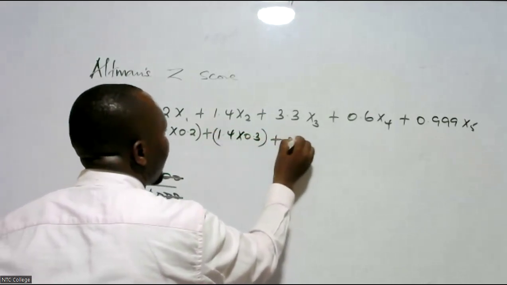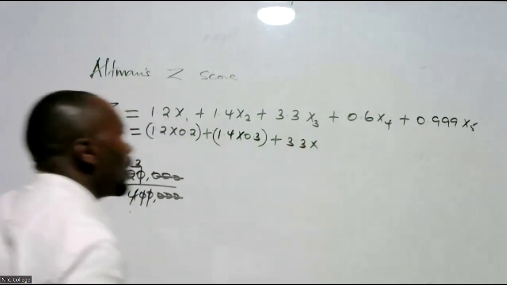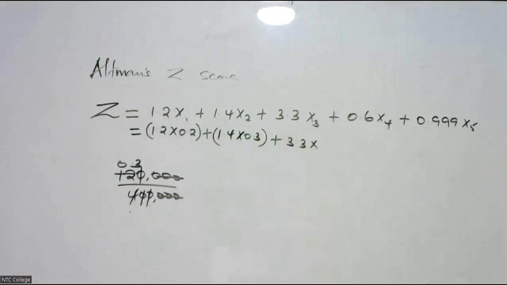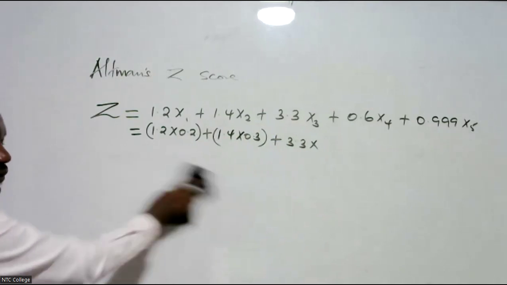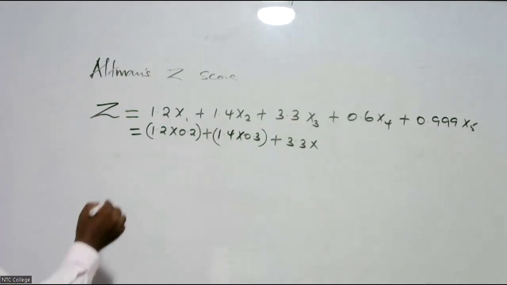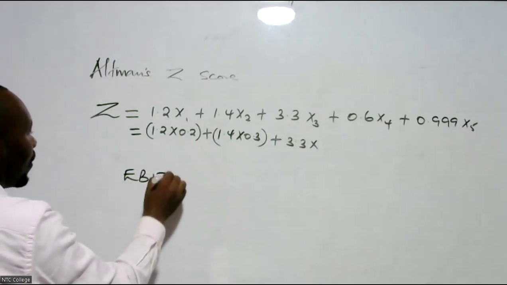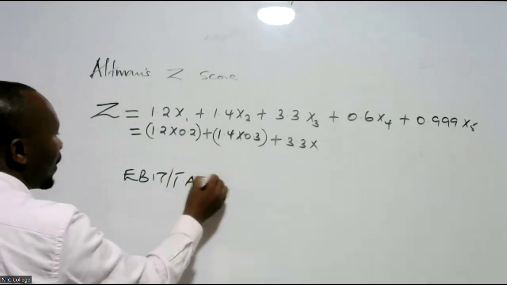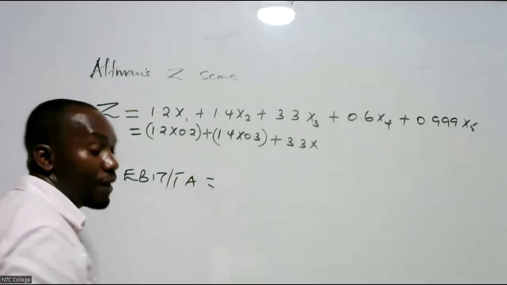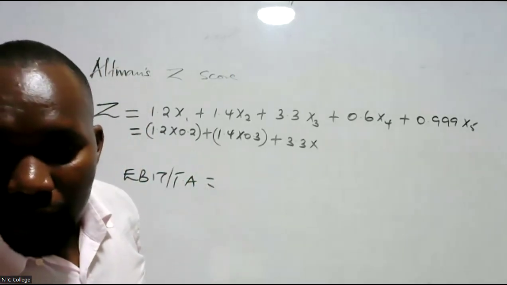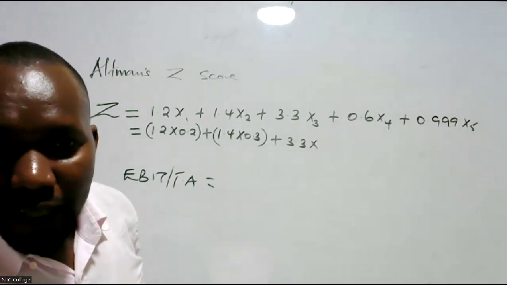Then we have 3.3 times EBIT all over our total asset. What does that mean? EBIT is the same as operating profit.